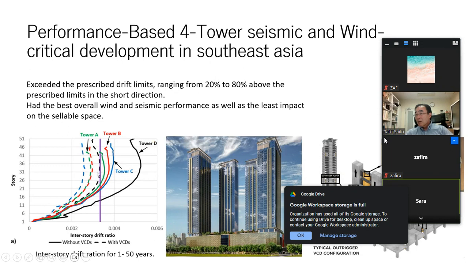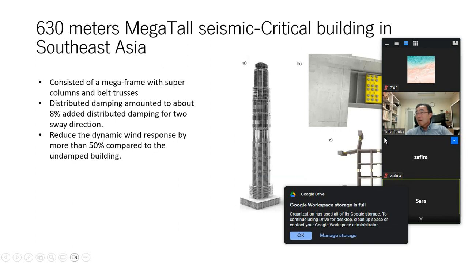And next, for the mega critical building, it consists of a mega frame and the belt.